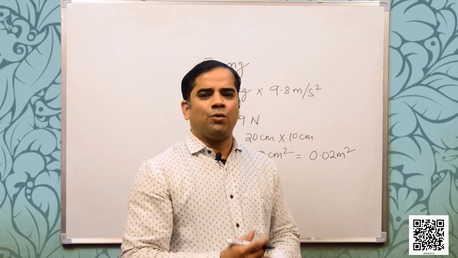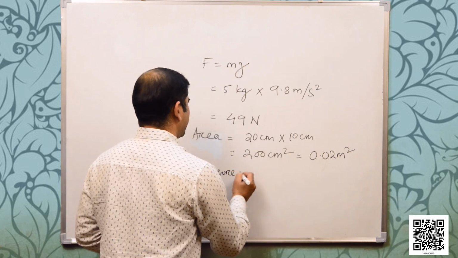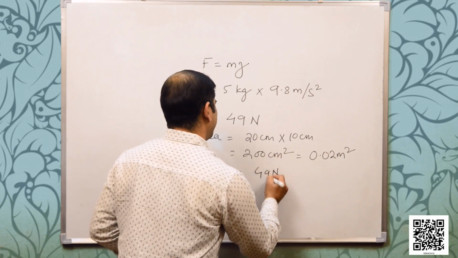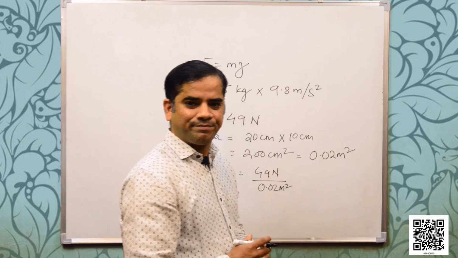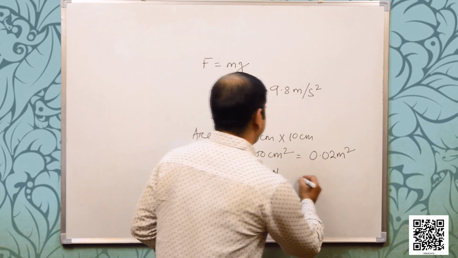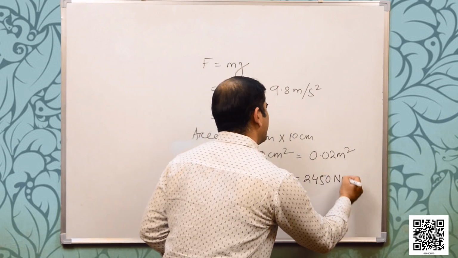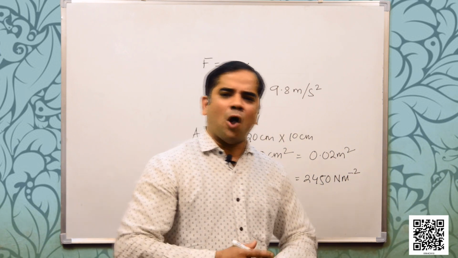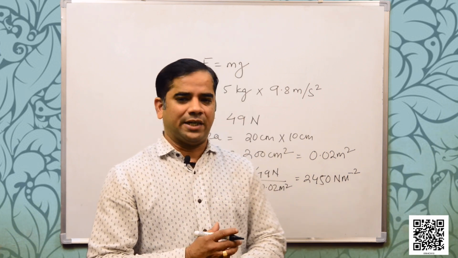So, what is pressure? Pressure is thrust per unit area. So, thrust is 49 Newton divided by 0.02 meter square, and when we calculate, it will give us the value 2450 Newton per meter square, when the block lies on the side of dimension 20 centimeter into 10 centimeter.